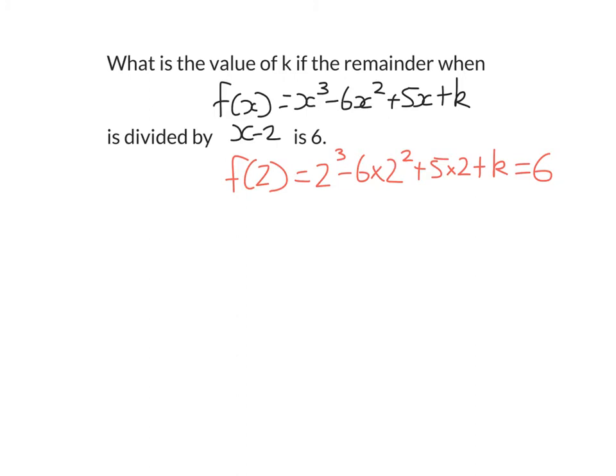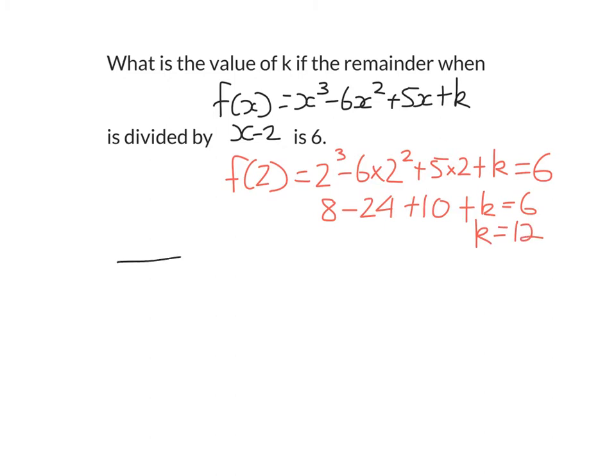That's what the remainder theorem says. So 2 cubed is 8, so I get 8 minus 24 plus 10 plus k is equal to 6. Solving this equation, we get k is equal to 12. That's a pretty easy equation to solve.